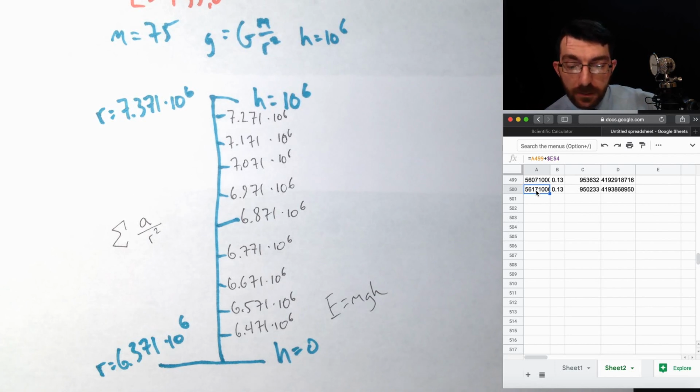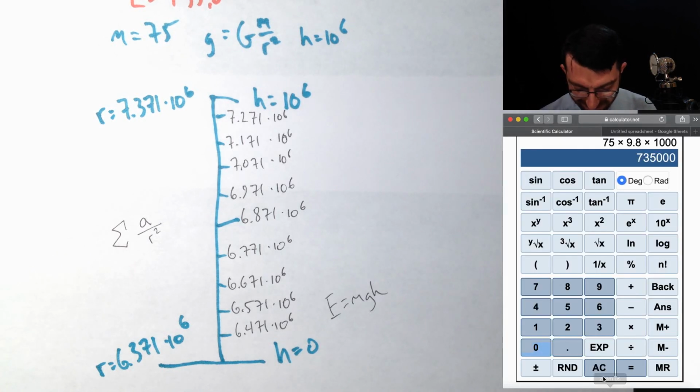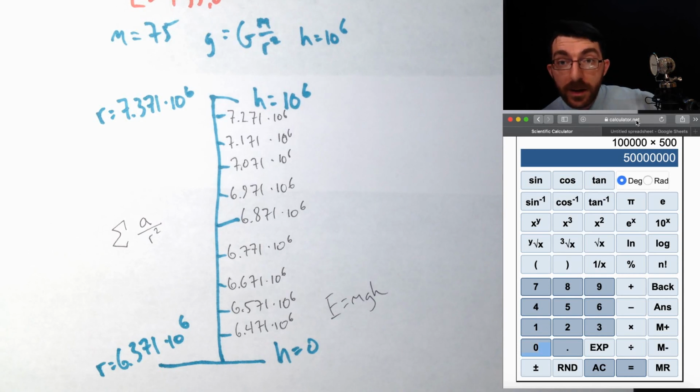What is that? Oh, hold on. Can't do that math in my head. 100,000 times 500. What? Holy cow, we went up 50 million. Okay, so that's like 10 Earth radii. So we're basically 5 Earths away.